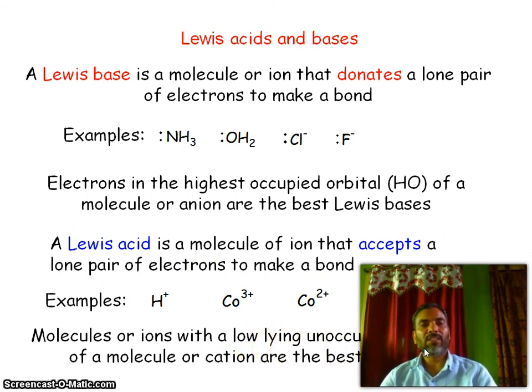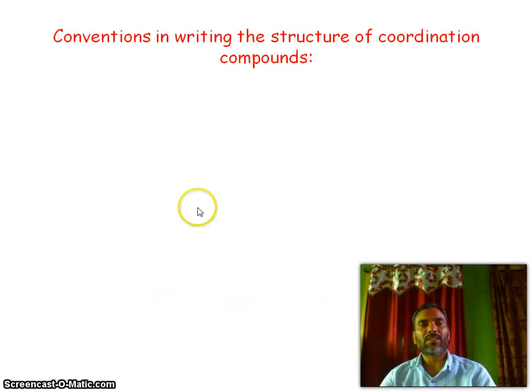So this is the basic. You should know the difference between HOMO and LUMO. I already made many videos on HOMO and LUMO because that one is very important. What is the meaning of HOMO and what is the meaning of LUMO? The LUMO of a molecule or cation makes it the best Lewis acid.